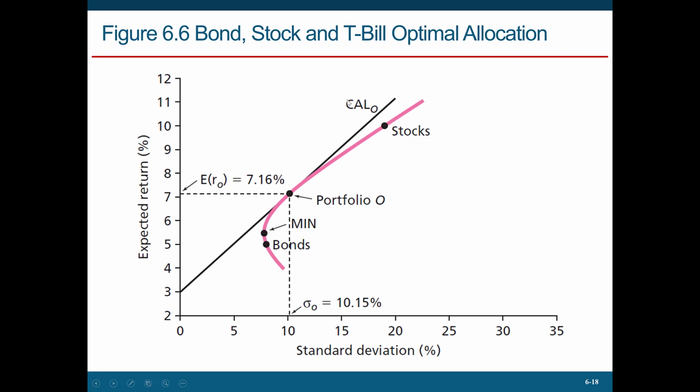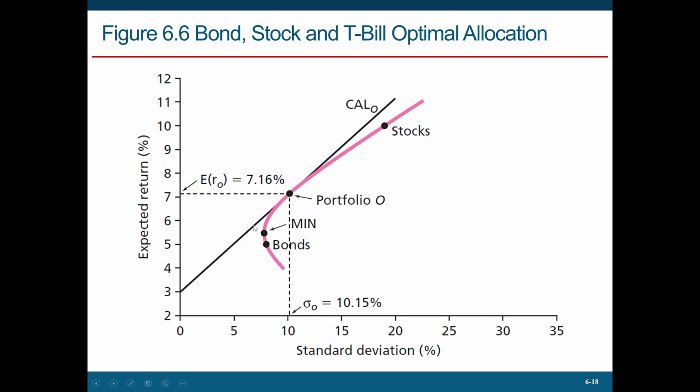Where would investors differ? They would differ in where they are on this line, right? So again, I might choose a portfolio that is 50% in O and 50% in risk free. So that would be somewhere here, right in the middle. You may choose a portfolio that is 70% in O and only 30% in risk free.